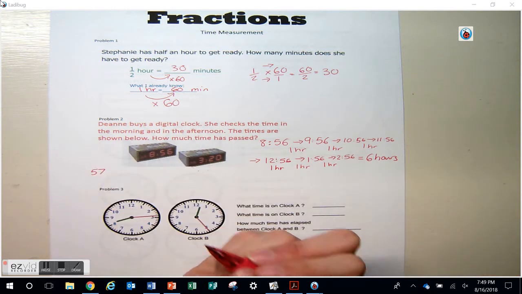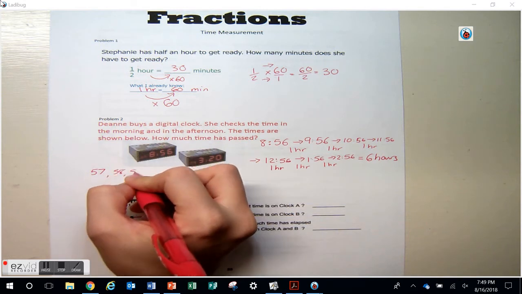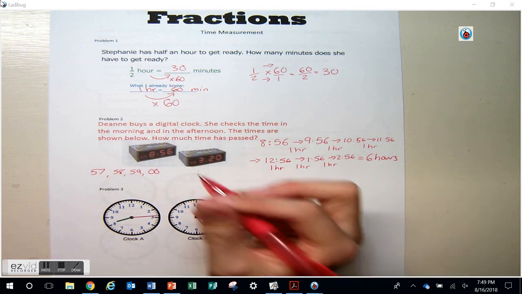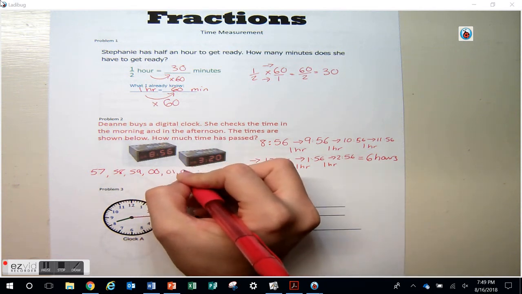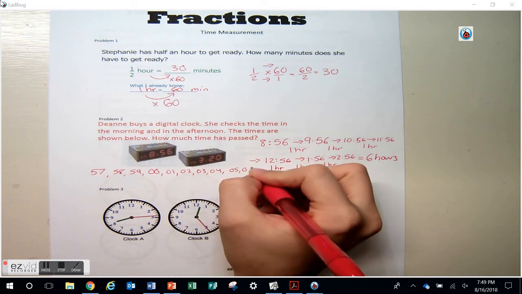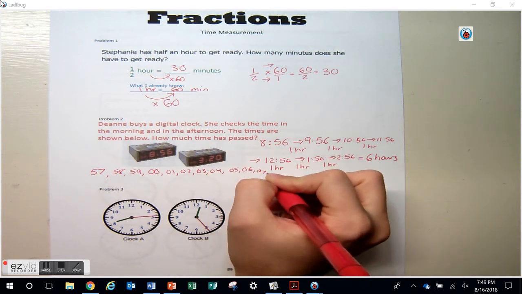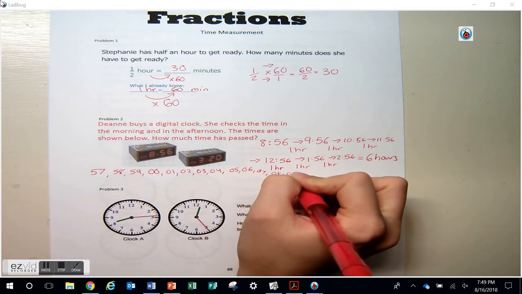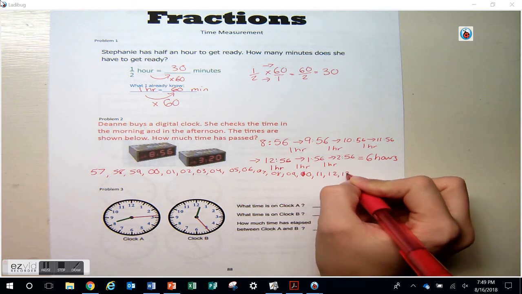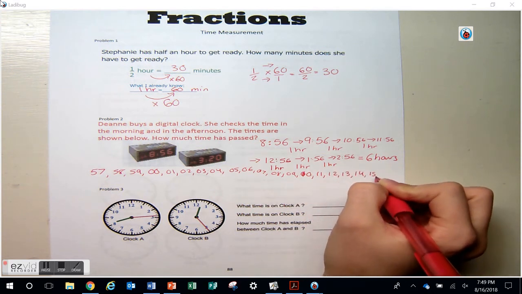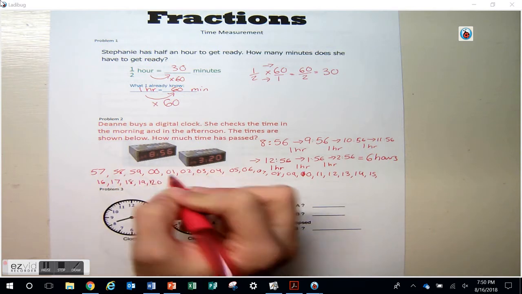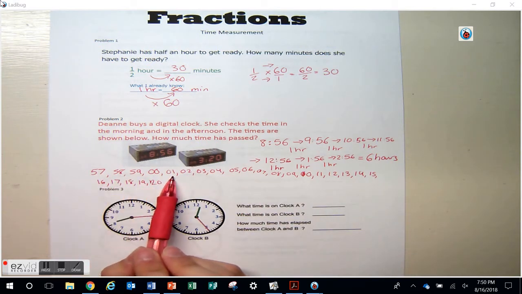One is to make a list. 56, 57, that's a minute. 58, 59, I know 60 would be me at 3 o'clock. 3:01, 3:02, 3:03, 3:04, 3:05, 3:06, 3:07, 3:08, 3:09, 3:10, 3:11, 3:12, 3:13, 3:14, 3:15, 3:16, 3:17, 3:18, 3:19, 3:20.